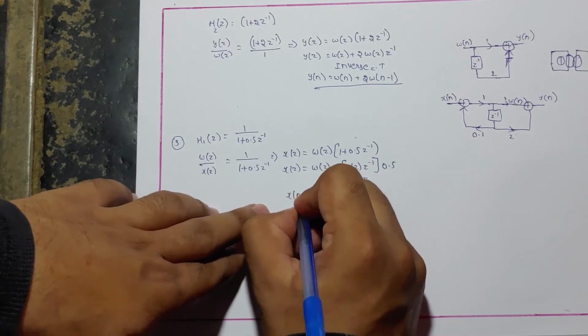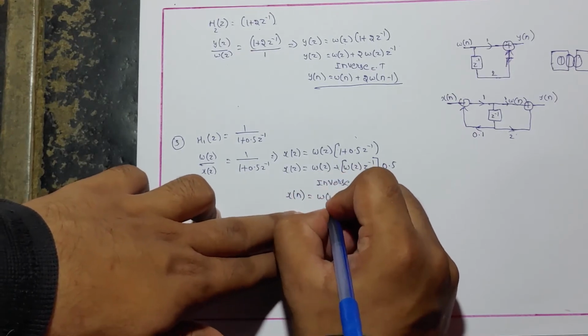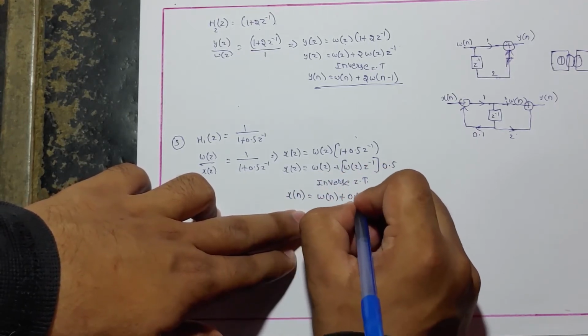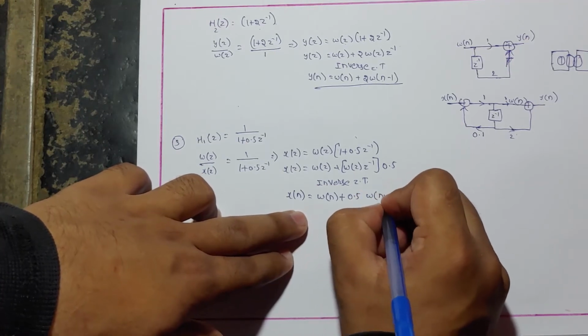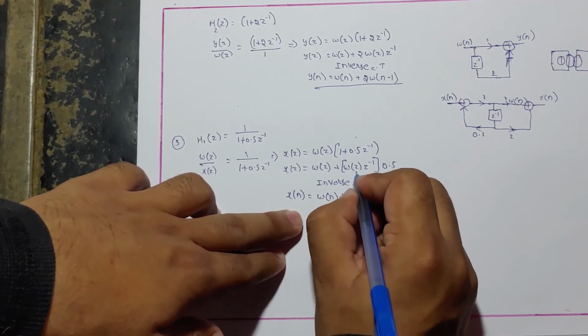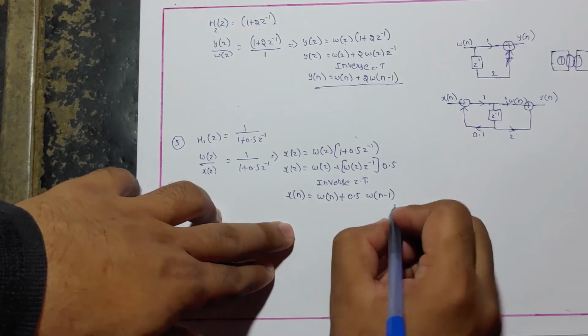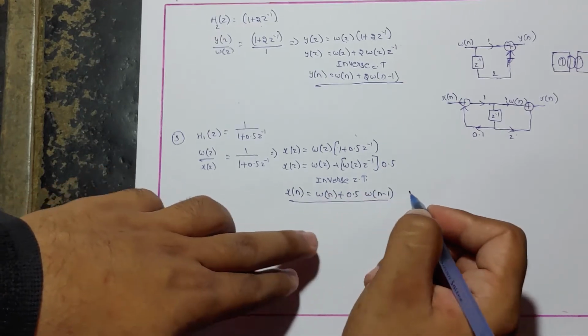on both sides, which results in x of n is equal to w of n plus 0.5 times w of n minus 1, as it is w of z into z inverse. Now let us realize it.